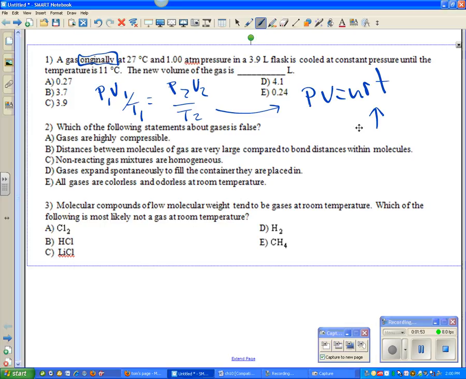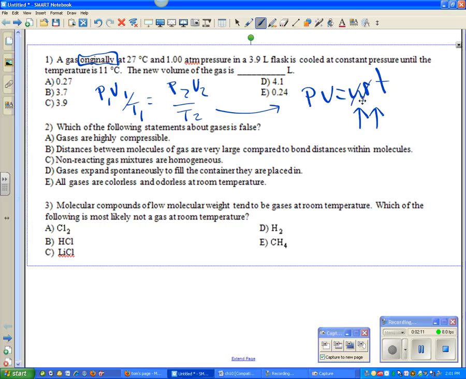And N is the number of moles. If we have the gas originally at these conditions, we're not changing the number of moles of it. We're just changing one of the other values. So these two are constants.